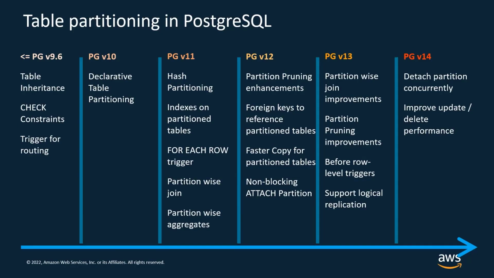Postgres 10 introduced declarative partitioning, which is much easier to set up and maintain. Each Postgres version continues to add functionalities and performance enhancements to partitioning. Postgres 11 offers most of the partitioning-based features. Postgres 12 added enhancements for query pruning and support for foreign keys, and also reduced locking on attached tables.